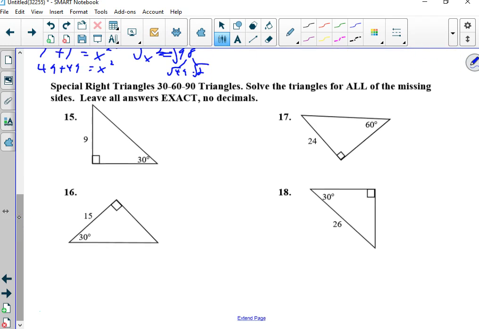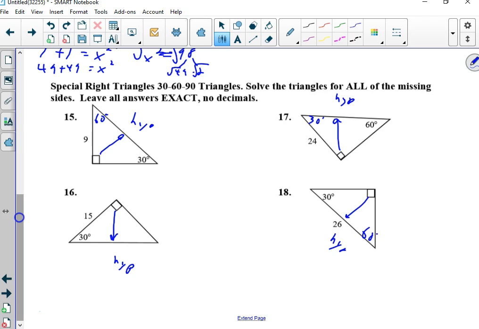Okay, 30, 60, 90. Again, I would take the time every time to first go through and label my hypotenuse on every one of these. That's my first step. My second step is to finish. If this is 30, this is 60. If that's 60, this is 30.